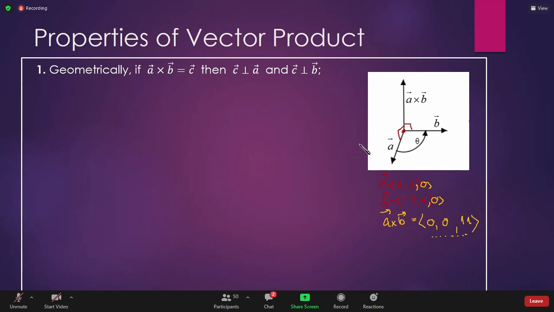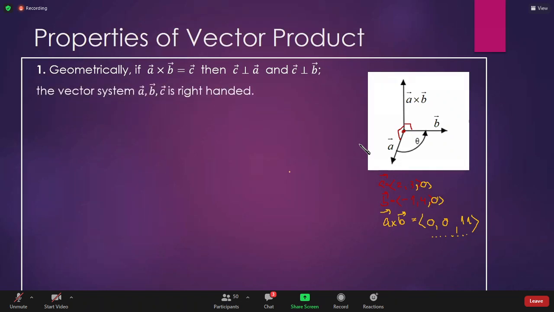So this might be an answer to the question, what happens if we have two-dimensional vectors? Then we can think, okay, they are in the xy plane, we attach the third coordinate, and we see that the vector product must go out of that plane. All right, now let's go on.